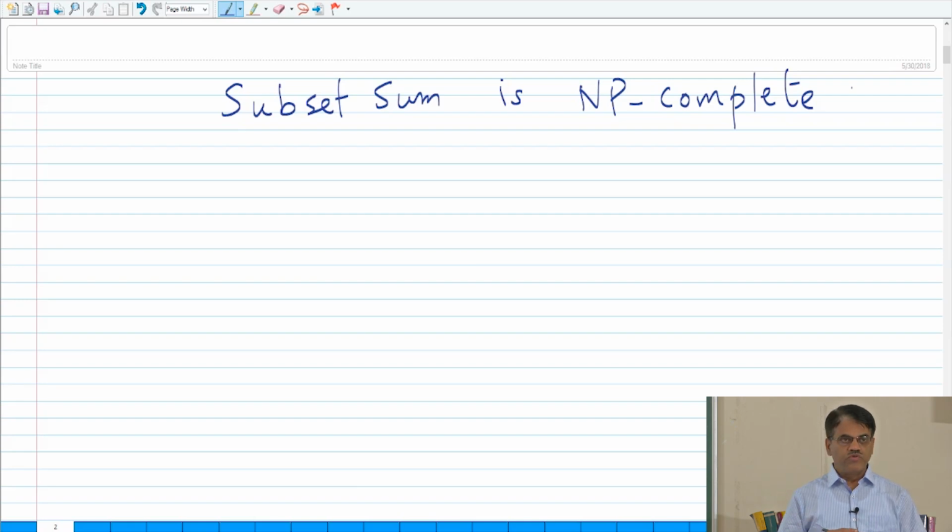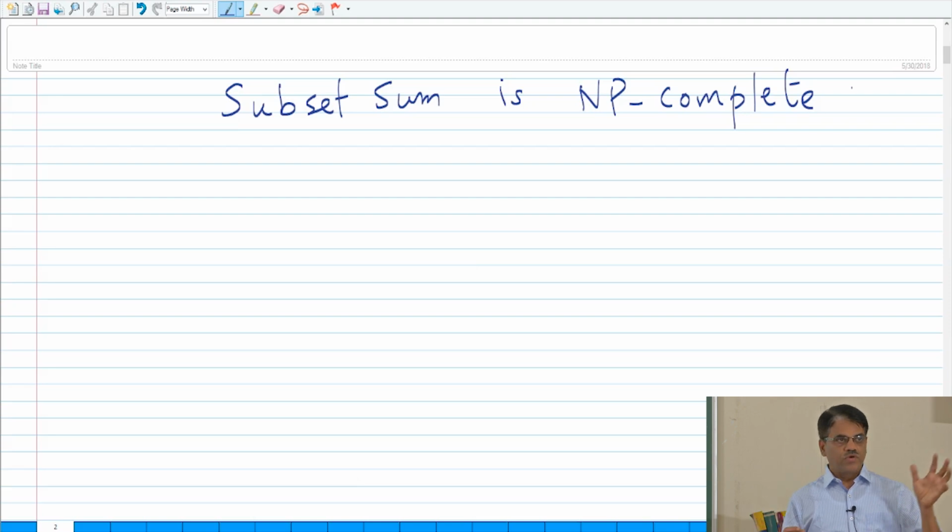So, what would be a proof? A subset of items that adds up to W. If the answer is yes, that means there is some subset that adds up to W. So, that is a witness, and you add the weights, and that is a verification algorithm. So, it is in NP is easy to see. To show it is NP hard, right? NP complete means it is in NP and NP hard.